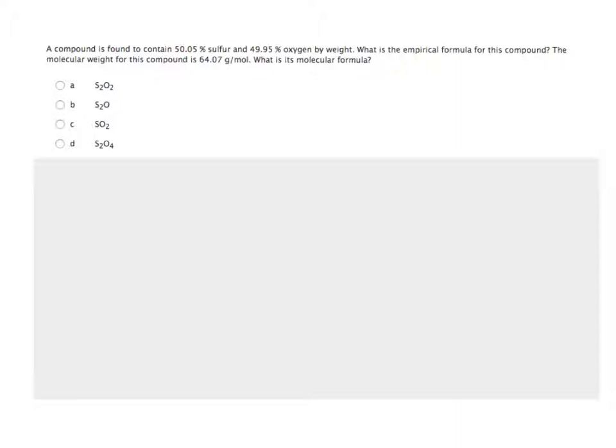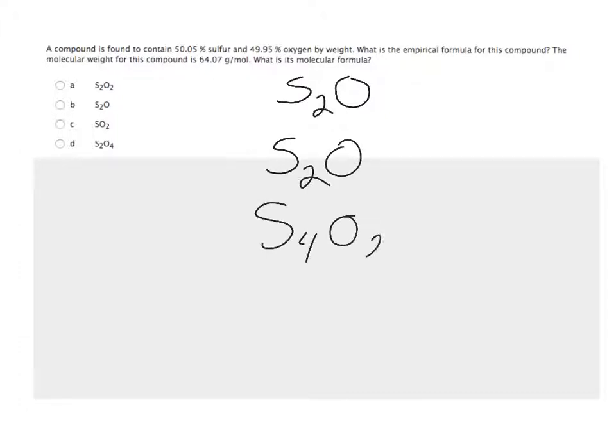So we need to figure out, let's say the empirical formula was S2O. We need to figure out if our molecular formula then is S2O or if it is S4O2 or if it's S6O3.